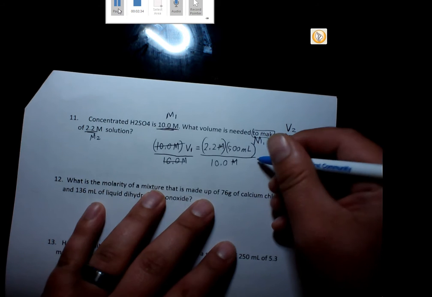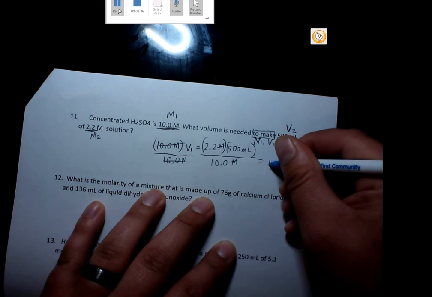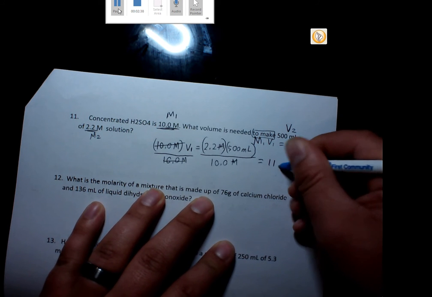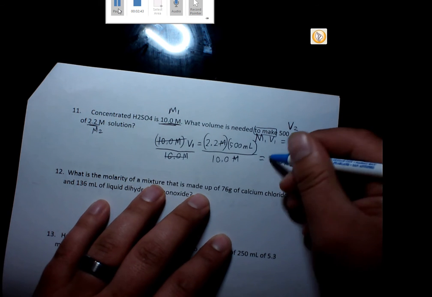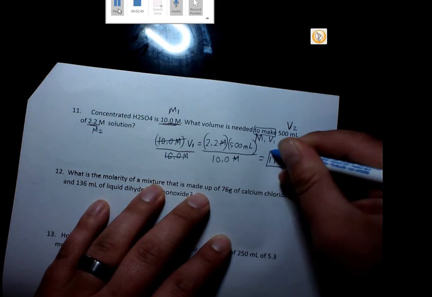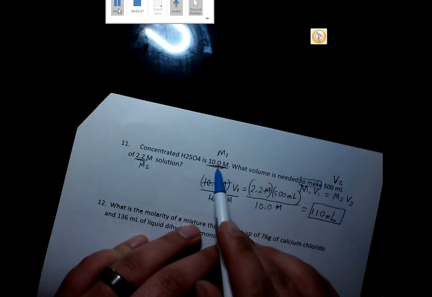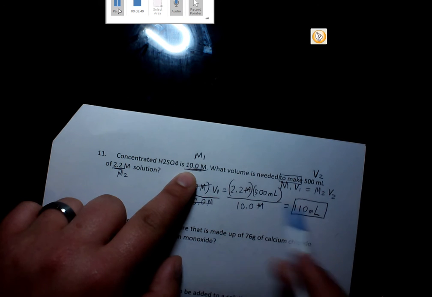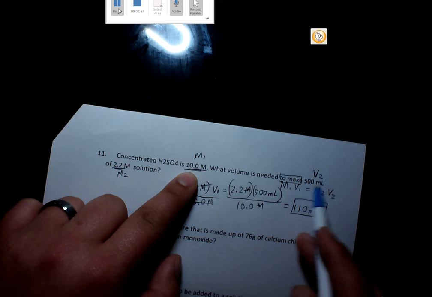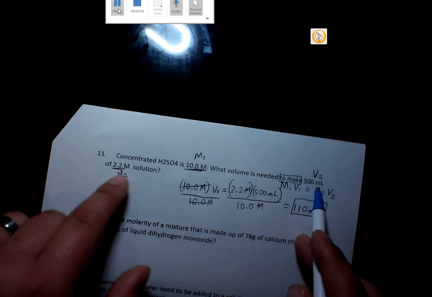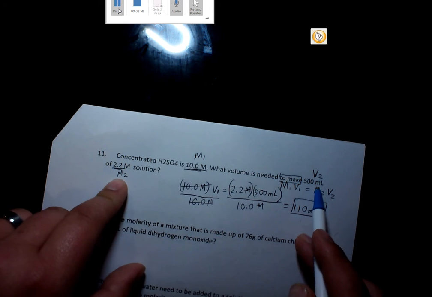That should come out to 110 milliliters. Guys, what that basically means is out of this substance, if we take 110 milliliters of it and add enough water to make it 500 milliliters, that's what our new concentration is.